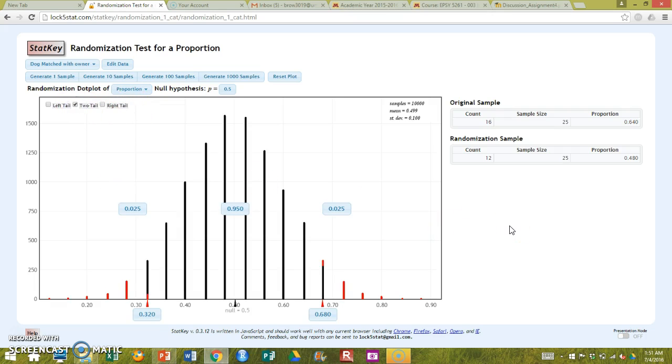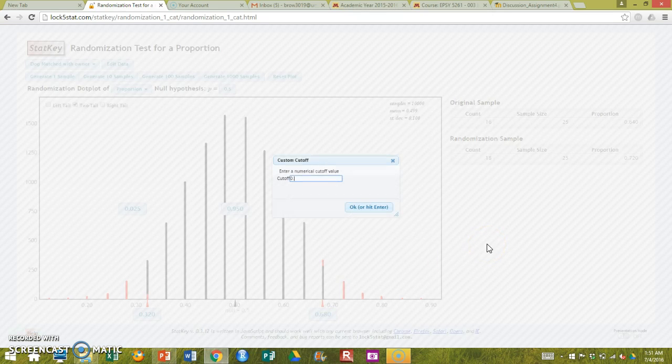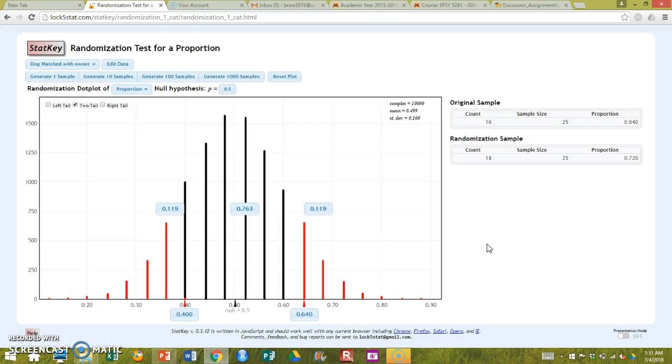When you do a two-tailed hypothesis, you click two-tail, and then, for example, if I had done a two-tailed hypothesis for the matching dogs example, I can just put in a proportion, like before, 0.64, and it will symmetrically go to the other tail, because I would not be guessing a higher than 50% or lower than 50% proportion.